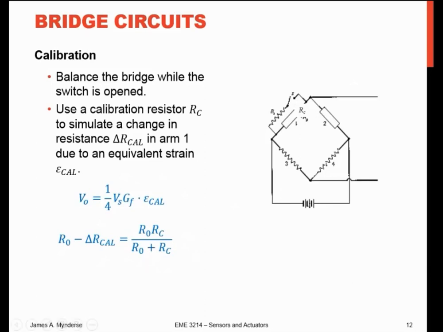Now, the other thing we need to do is calibrate the bridge to know that a certain strain based on our gauge factor is going to result in a certain output. We want to calibrate it and measure it and make sure that whatever circuitry we have out here is giving us what we think we have, because there are going to be imperfections in any amplifiers that we use here. The gain may not be exactly what we think the gain should be.